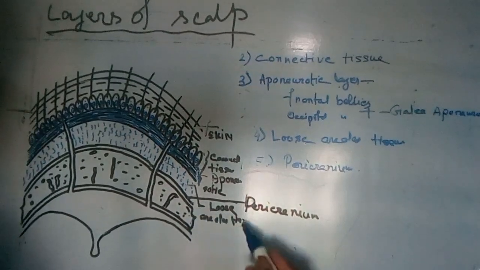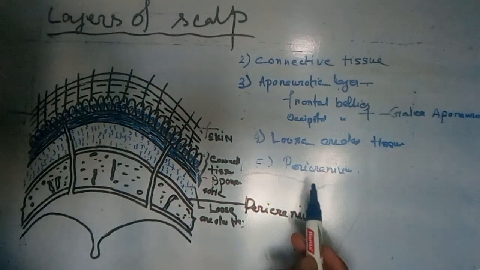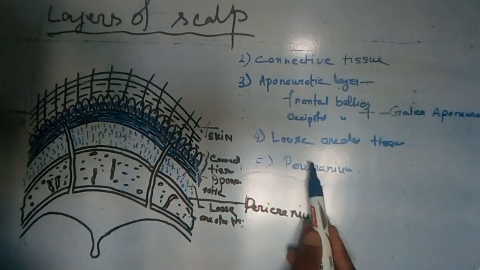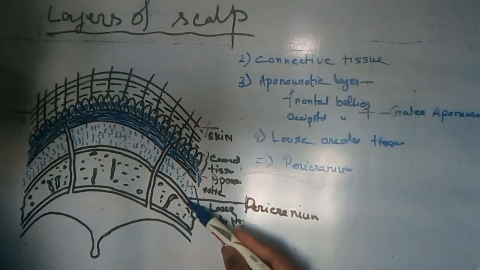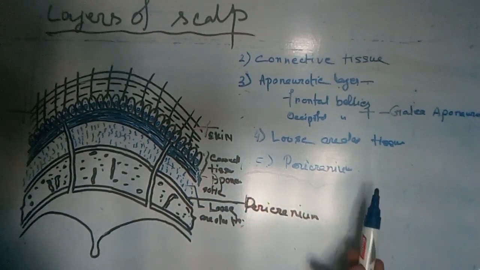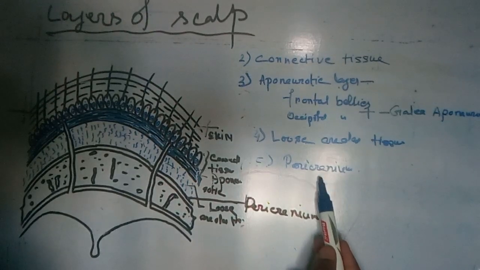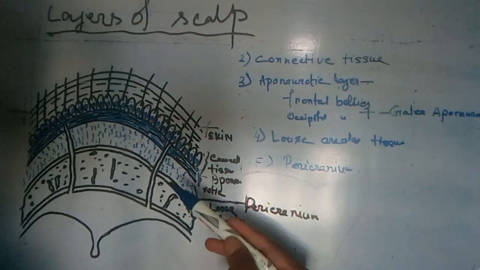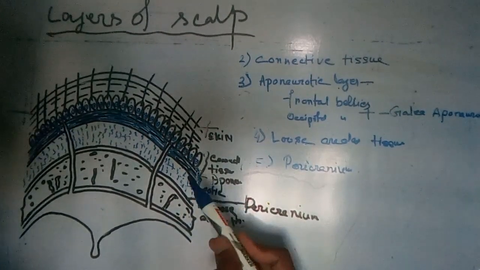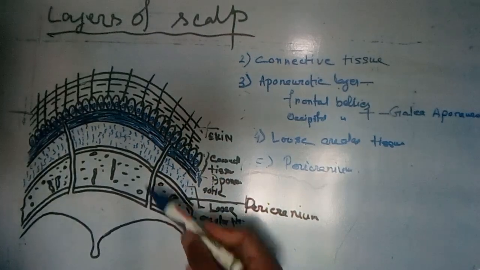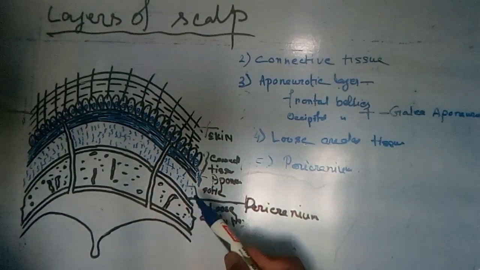This is bone. It has a loose connection with the bones and can be easily stripped. But at the sutures, it is firmly attached to the sutural membrane.